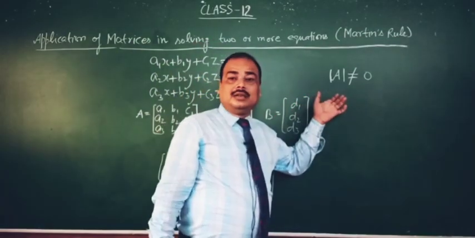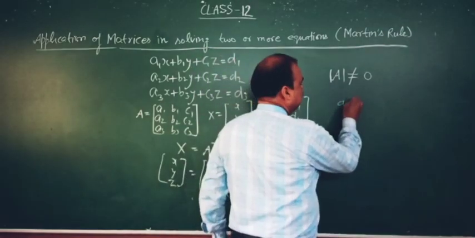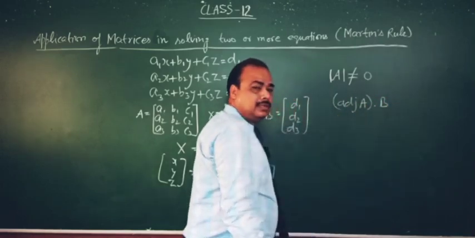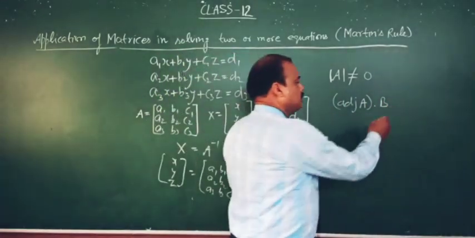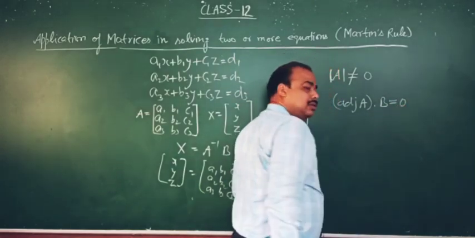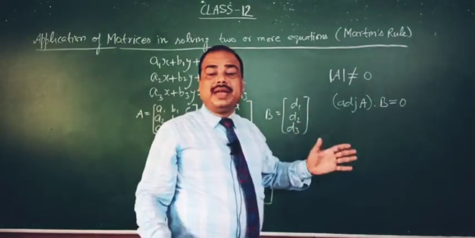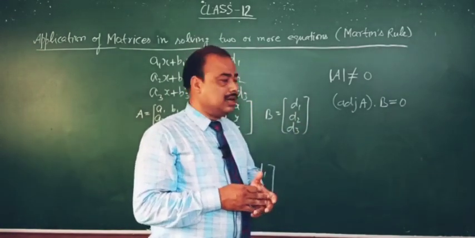For that, first of all, we have to check adjoint of A into B. If adjoint of A into B is 0, then that system has many solutions and the system will be consistent.